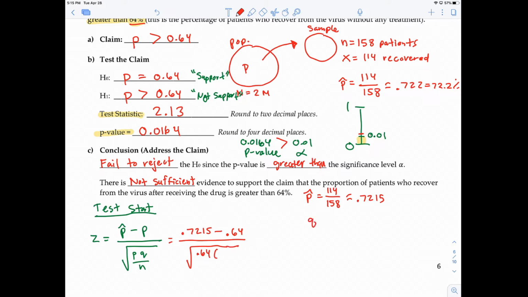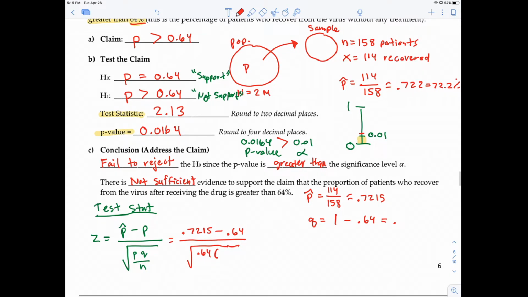Q is always equal to 1 minus p, so 1 minus 0.64, which is equal to 0.36. Then we divide by n, and n is 158, all of that under the square root.